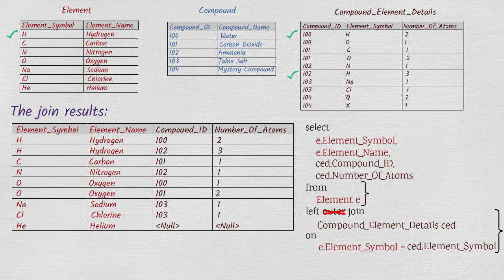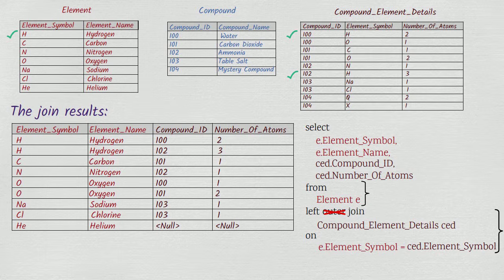In SQL, the absence of a value is represented by a symbol called null. The concept of null in SQL has always been controversial, as nulls in SQL databases lead to a number of logical difficulties. But discussing these difficulties is not part of the scope of this video. When it comes to joins, the important thing to keep in mind is that on the helium row in the join results, compound ID is shown as null because helium had no matching compounds.